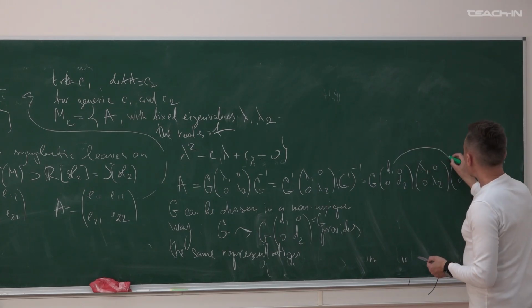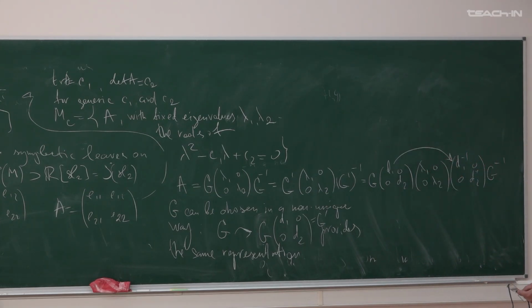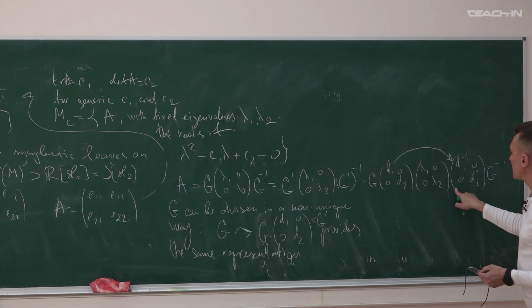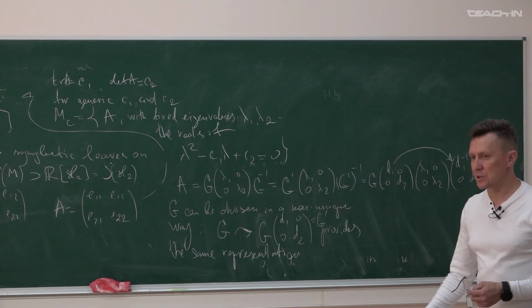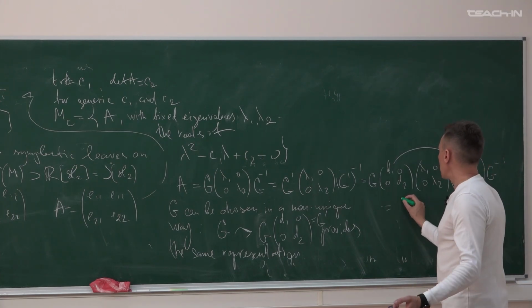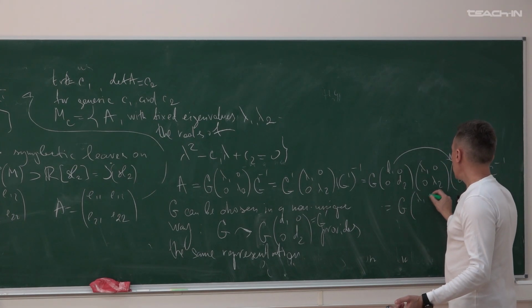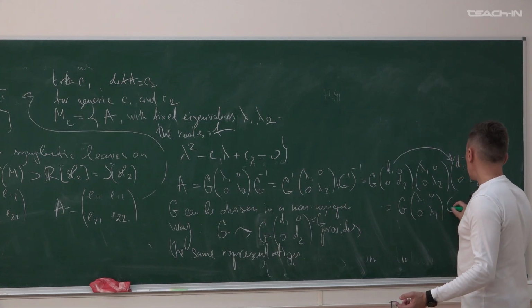So we can transport this diagonal matrix here, and then they cancel each other. So it is just equal to G lambda 1, 0, 0, lambda 2, G minus 1.